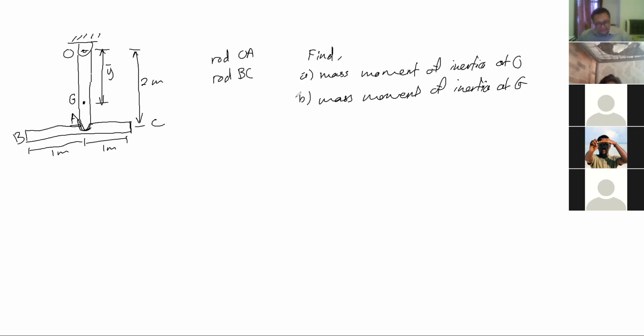At G. And this one we call IO. This one we call IG, not Instagram. IG.